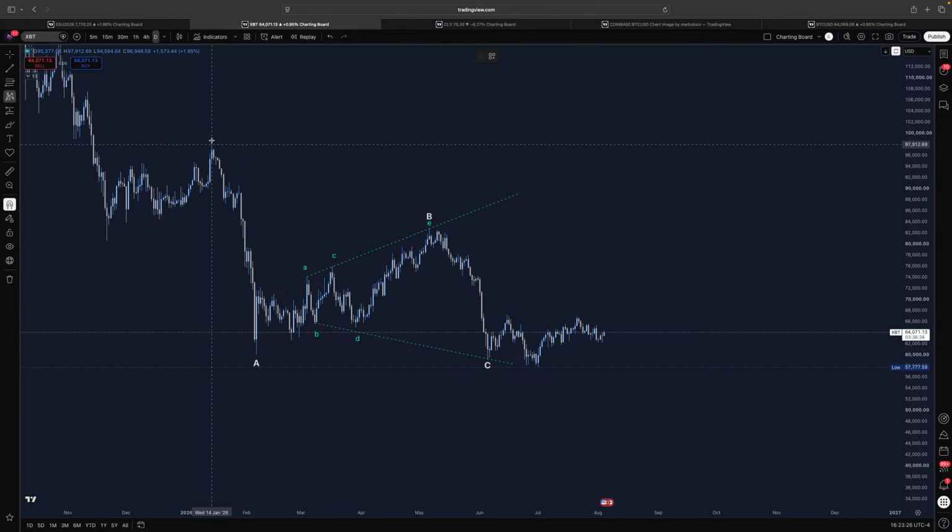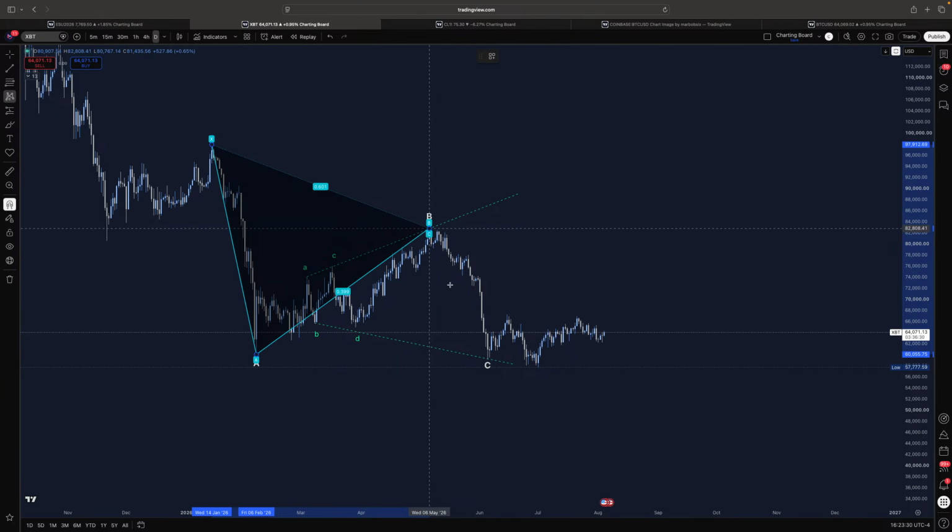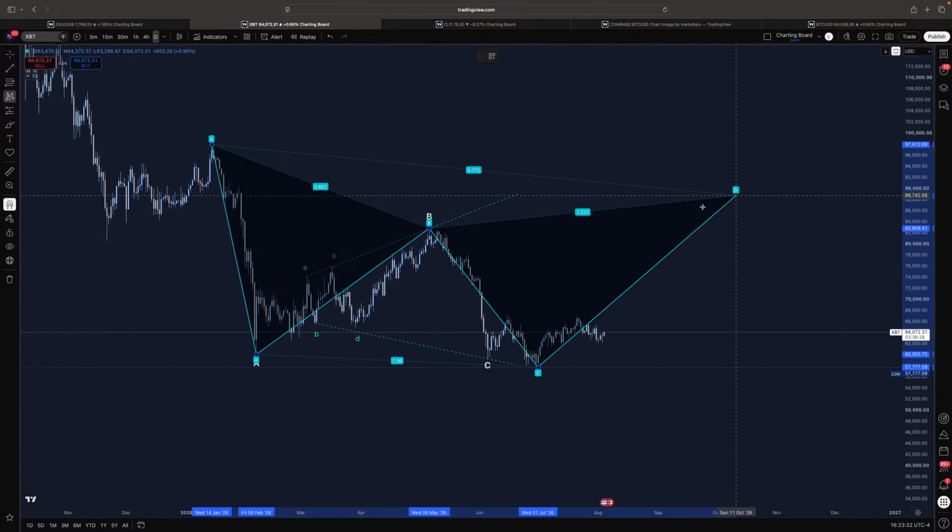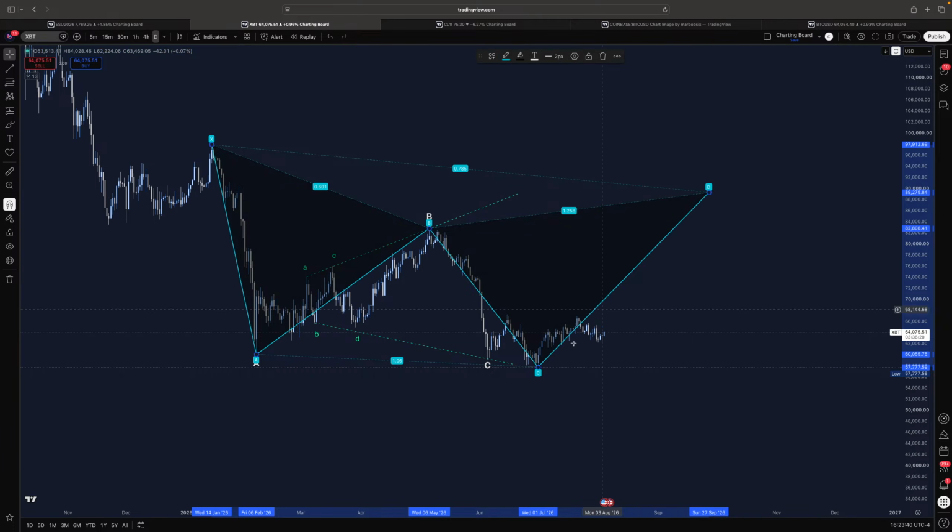All right, computing the highs, the lows, back to the highs. Is Bitcoin going to bring this fake out into the 78, into the 0.786, 89,000? Fake out in a sense that this may be a fake out into the lows.